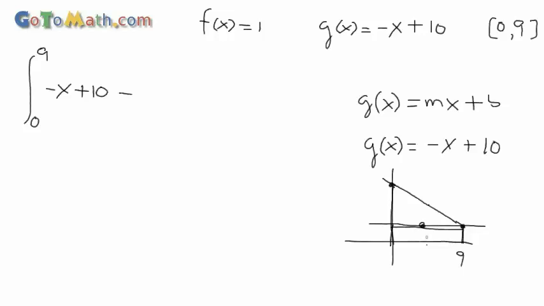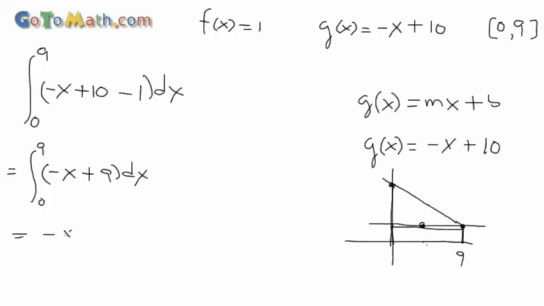So from here to the x-axis, and that happens to be our f of x, which is our 1, dx. Let's simplify this down. So we end up with negative x plus 9 dx. Alright, and now let's take the integral.